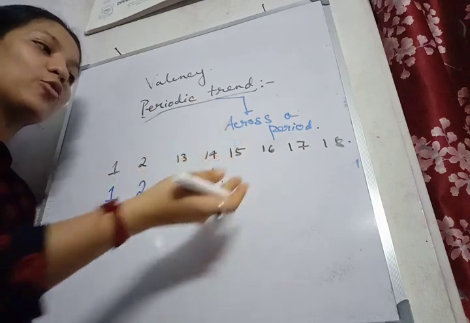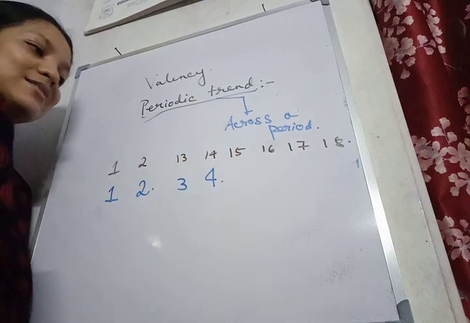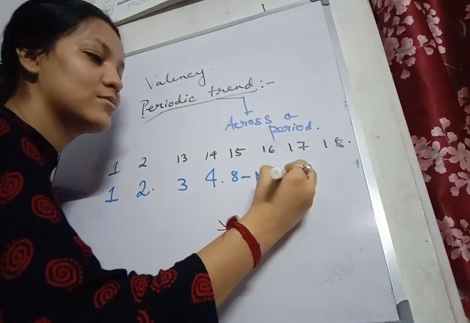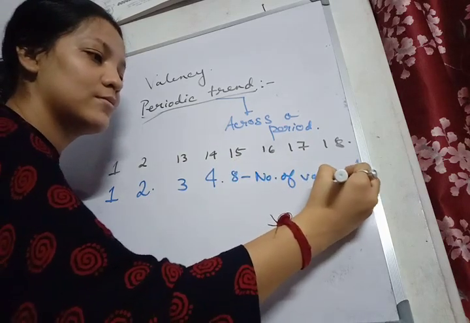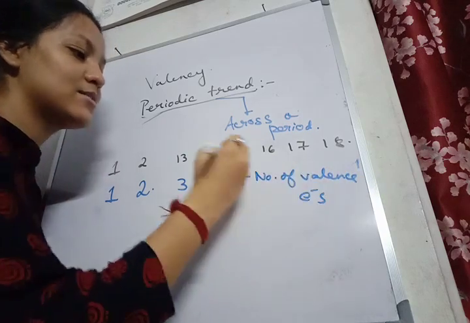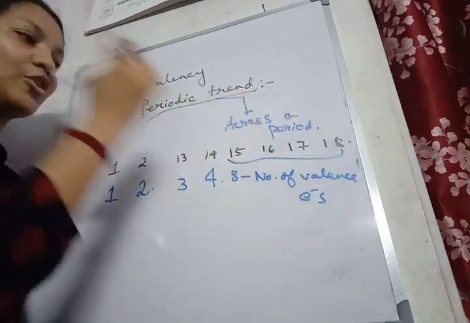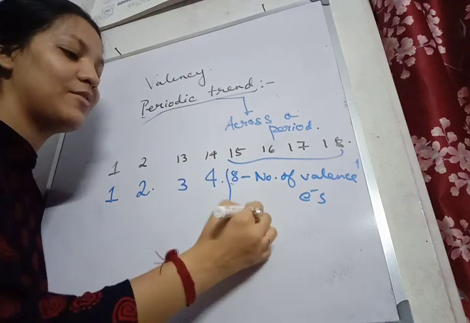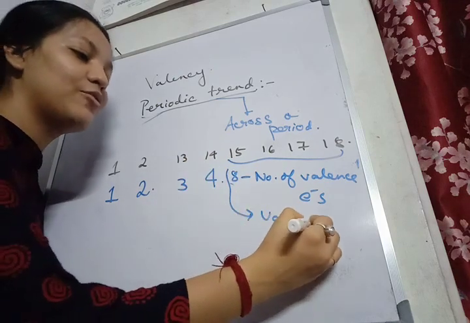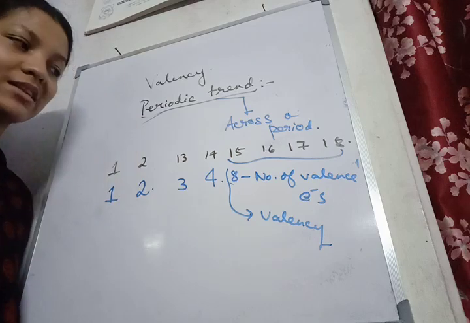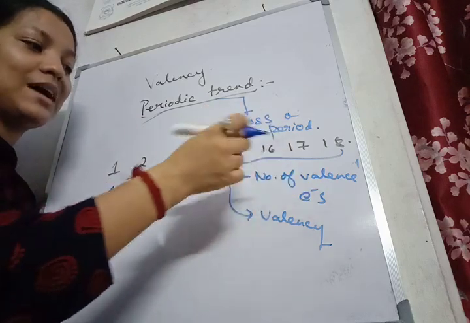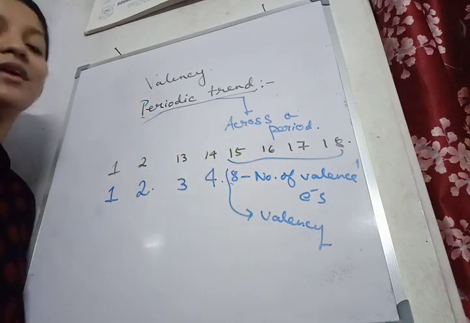Now after 14, the valency is given as 8 minus the number of valence electrons. For groups 15 to 18, we find the valency like this. Till group 14, valency is equal to the number of valence electrons. From 15 to 18, valency is equal to 8 minus the number of valence electrons.